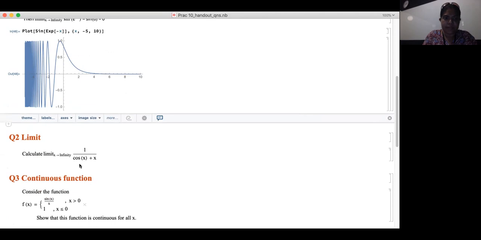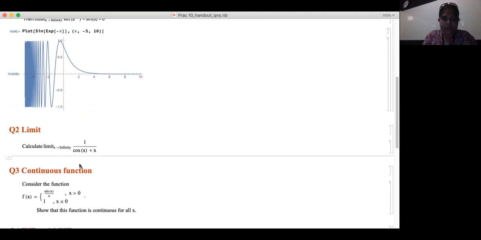Let's look at the second question. What is this limit? One over cos x plus x. What is this limit? How would you approach this?